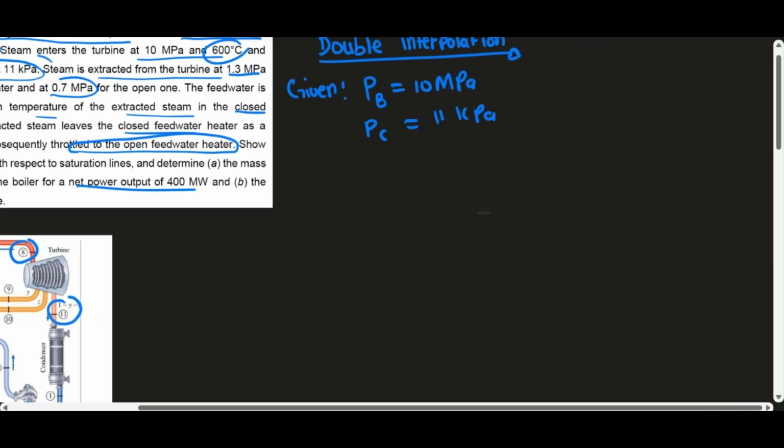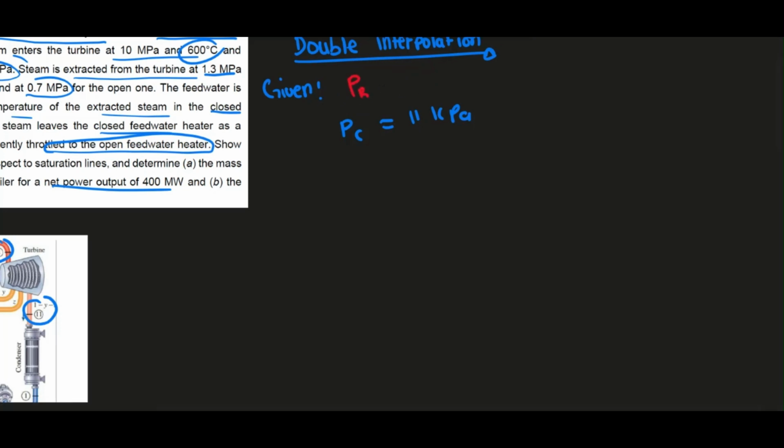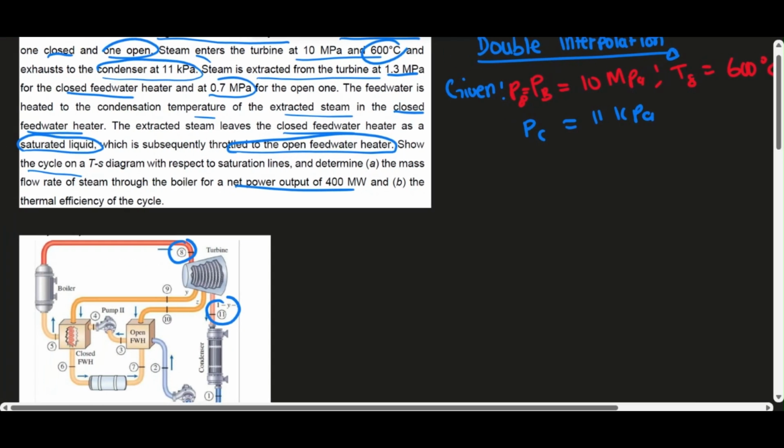What else? Let's change this to red. Alright, and the temperature as it enters the turbine, this is the same as pressure at 600 degrees Celsius as it's given there. Cool.